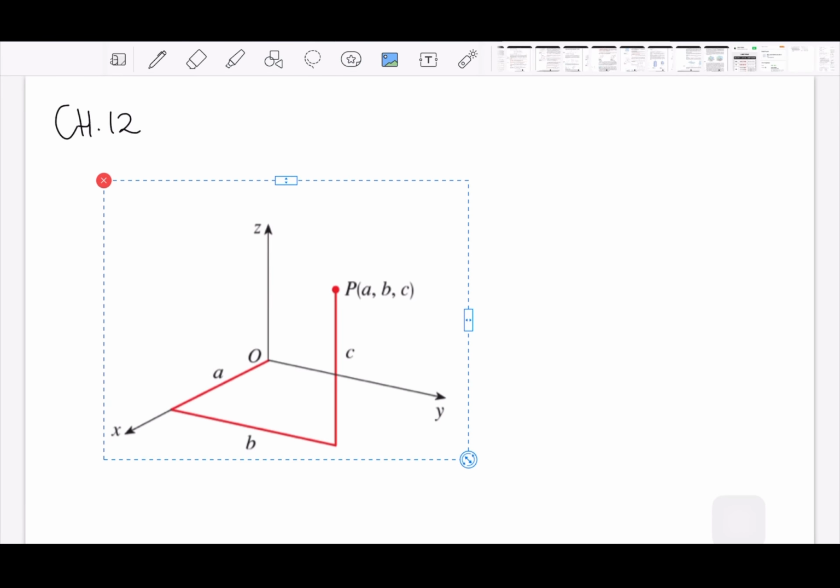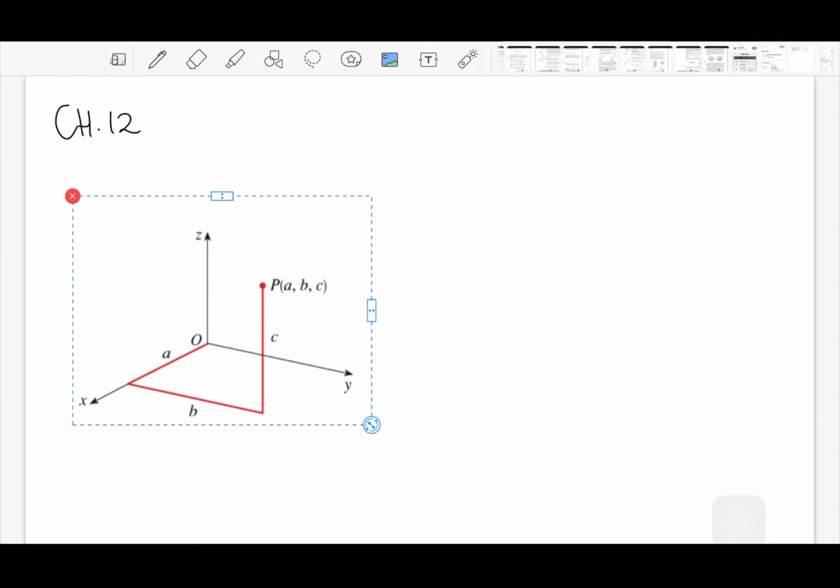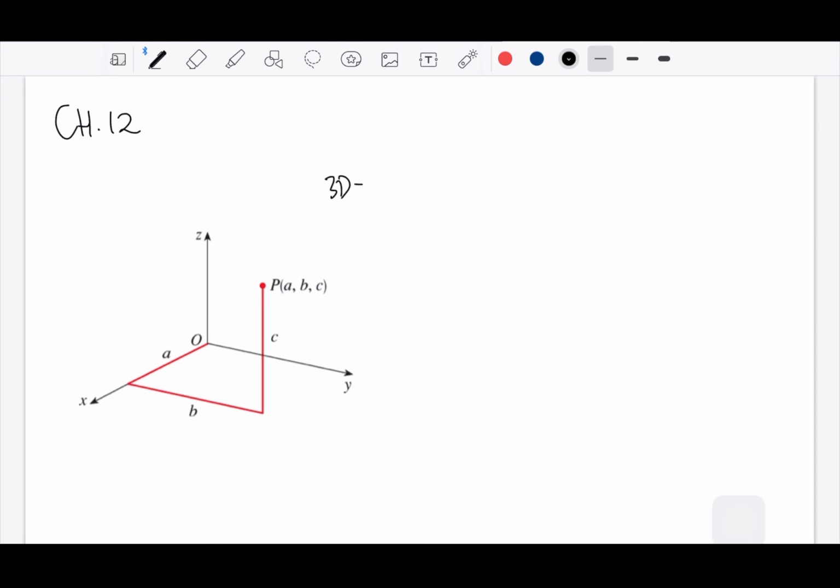First of all, we start with the introduction of the three-dimensional coordinate system. I hope you're already familiar with this. Okay, so the 3D coordinate system.